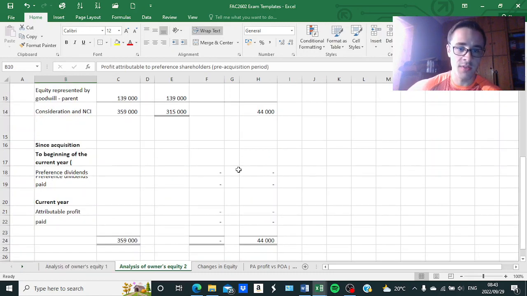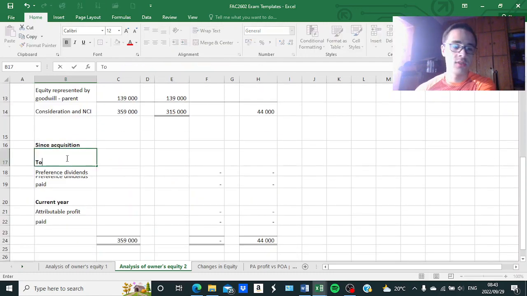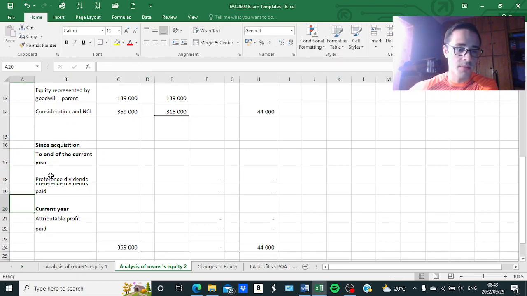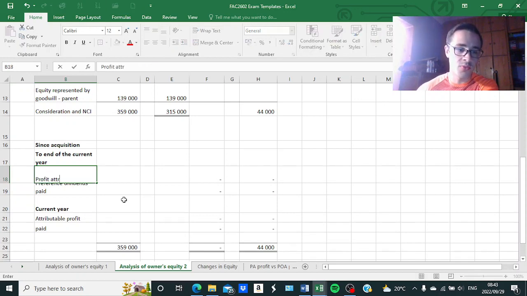So in your analysis of owner's equity of preference shares, you will have a since acquisition to the end of the current year section. So your profit attributable to owners of the parent, profit attributable to preference shareholders, and this is for the post-acquisition period.